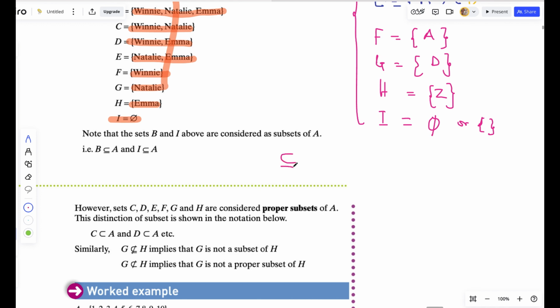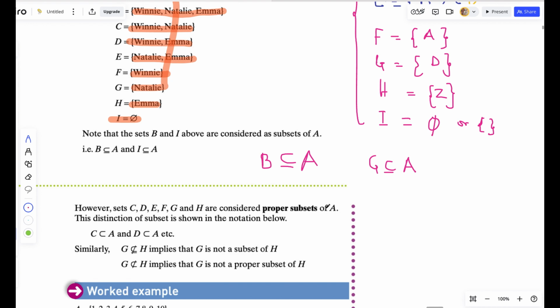So if you want to say B is a subset of A, you write B, and then you draw this, and then you write A. So if you write this symbol, it means you are saying set B is a subset of set A. Set B is considered a subset of A. That's the meaning. Set G is a subset of set A. Set A is the main set, and so on and so forth.